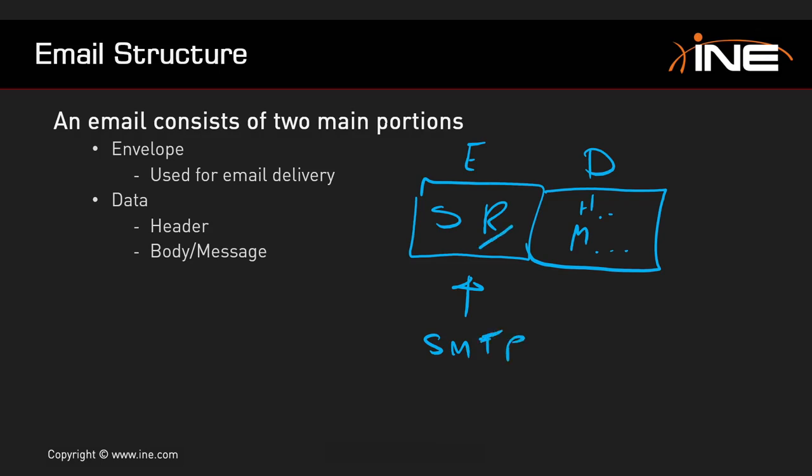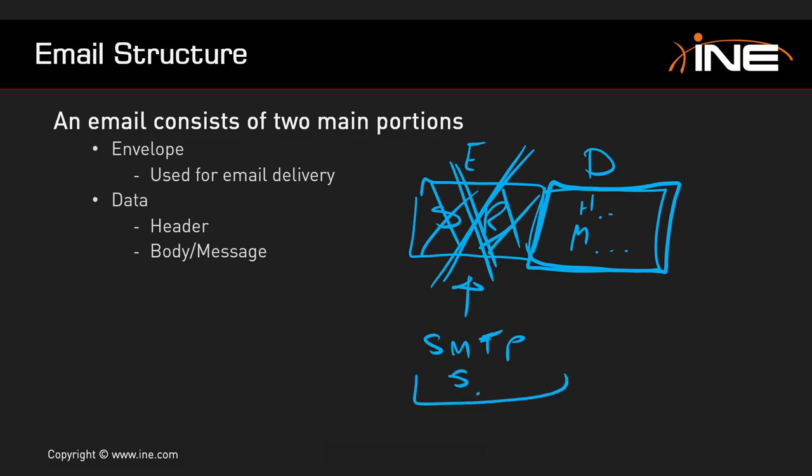Specifically, it's going to be the recipient portion. The sender is optional, but the recipient must always be here because the receiving device must know where to forward the message. And this information is going to be eventually stripped off before this portion is downloaded by the client. So the client, like your Outlook, will never see the envelope. This is only used by SMTP servers.